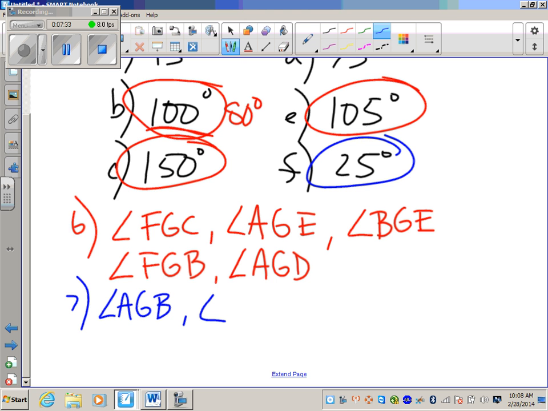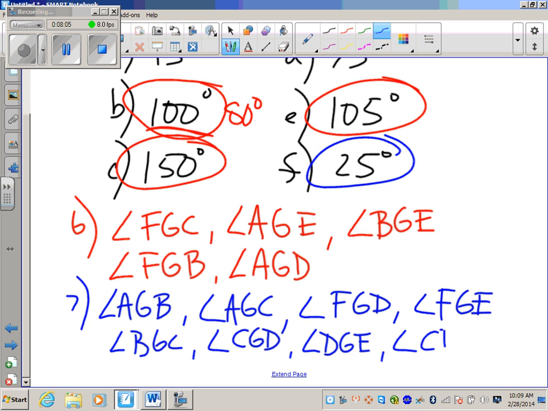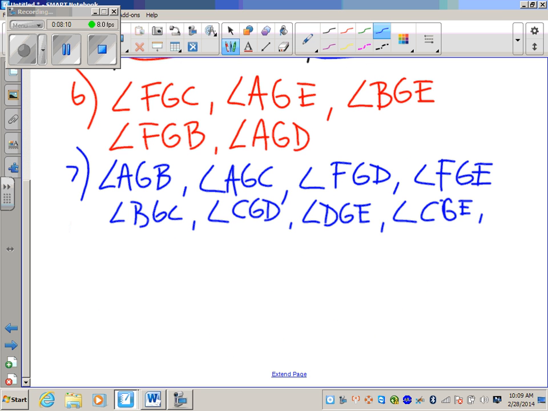AGB, AGC, FGD, FGE, BGC, CGD, DGE, CGE, and BGE.